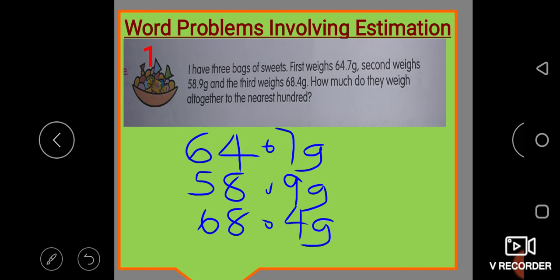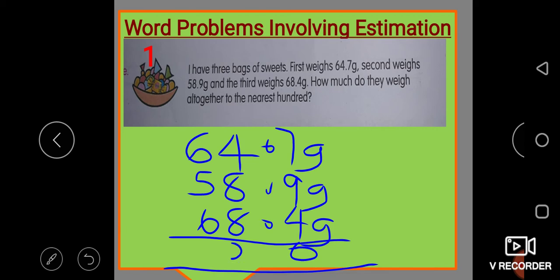The first thing we do here is to sum the weight of the 3 bags of sweets. 7 plus 9 is 16. 16 plus 4 is 20. We write 0 and carry 2. 4 plus 8 is 12. 12 plus 8 is 20. Plus the 2 that was carried is 22.